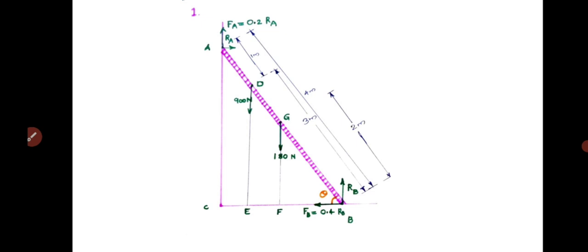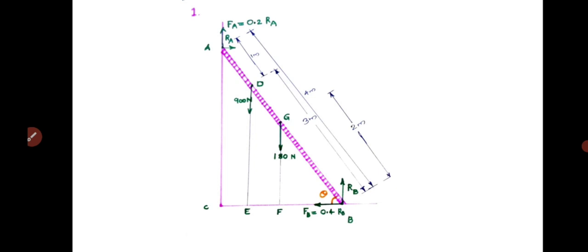Now, if you analyze the end A, that is the top point of the ladder, if the ladder is slipping, the top portion of the ladder will move downwards. So frictional force will be developed in the opposite direction, that is, frictional force will be acting in the upward direction.